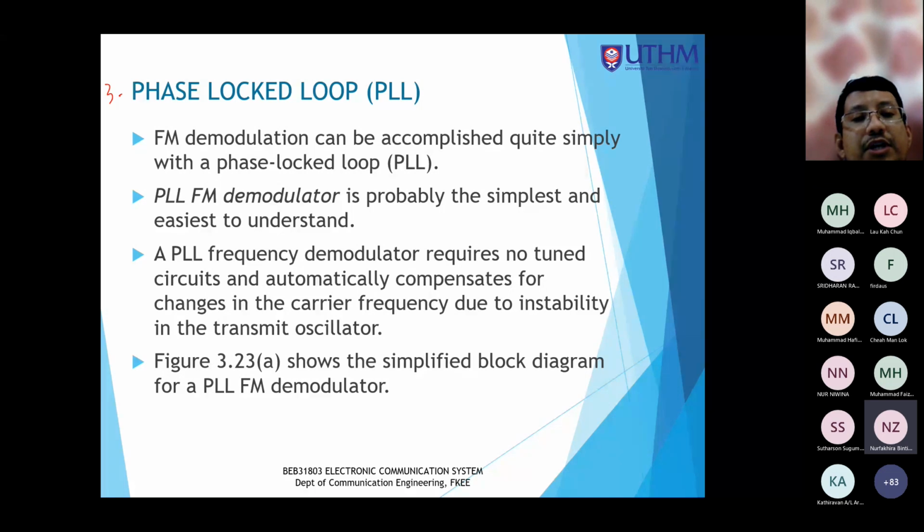PLL, I can say, is one of the most practical and popular FM demodulator circuits, which is also used until now in practical systems. We still use a PLL, but PLL has many versions, many types, depending on the applications.